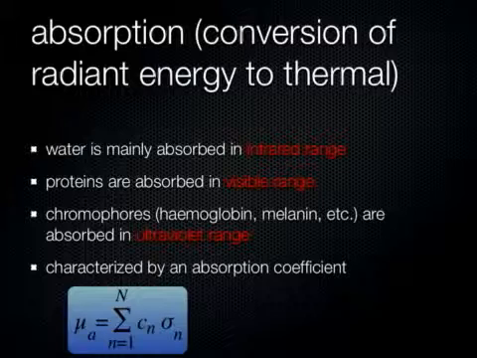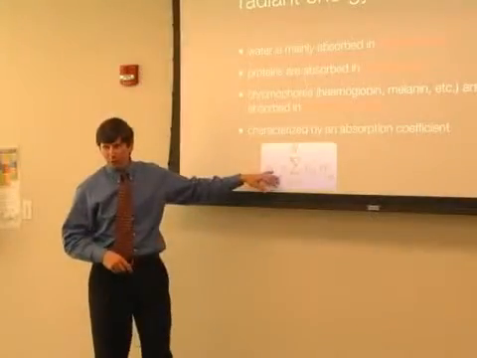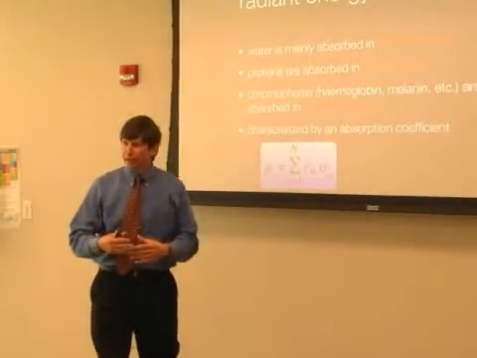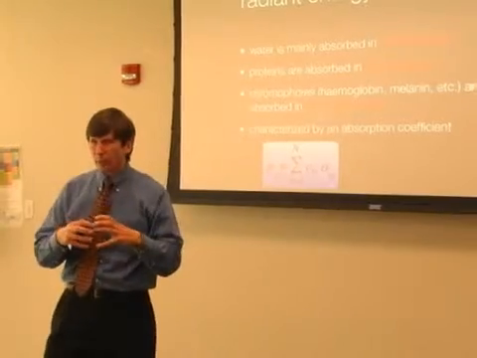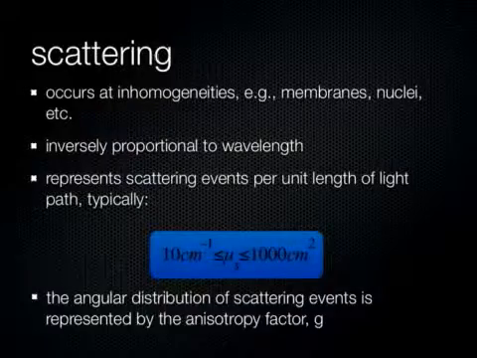Water mainly absorbs in the infrared range, proteins absorb in the visible range, and chromophores in the ultraviolet range, and we can characterize this by a coefficient where we add up all the different contributions of what's absorbing in our tissue to know how much is being absorbed.